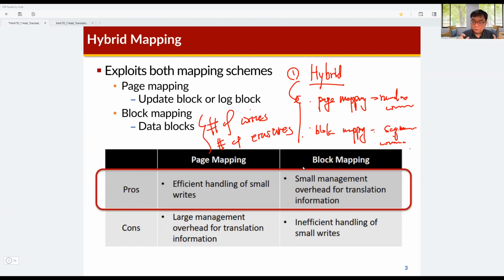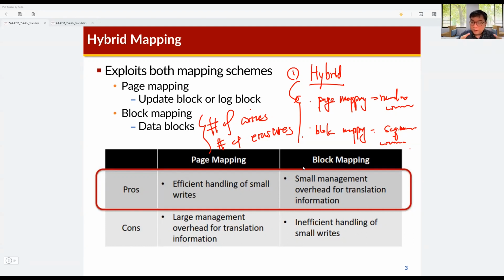These are the goals of efficient address translation in SSD, because the write performance to NAND flash memory is very low. Also, the erase requires a very large number of cycles in the SSD.